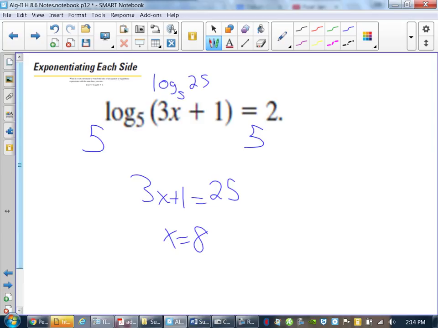Well, 25 is 5 squared, which means we go back to using all of your rules of simplifying logs. So it does work. You'll need a calculator for that.